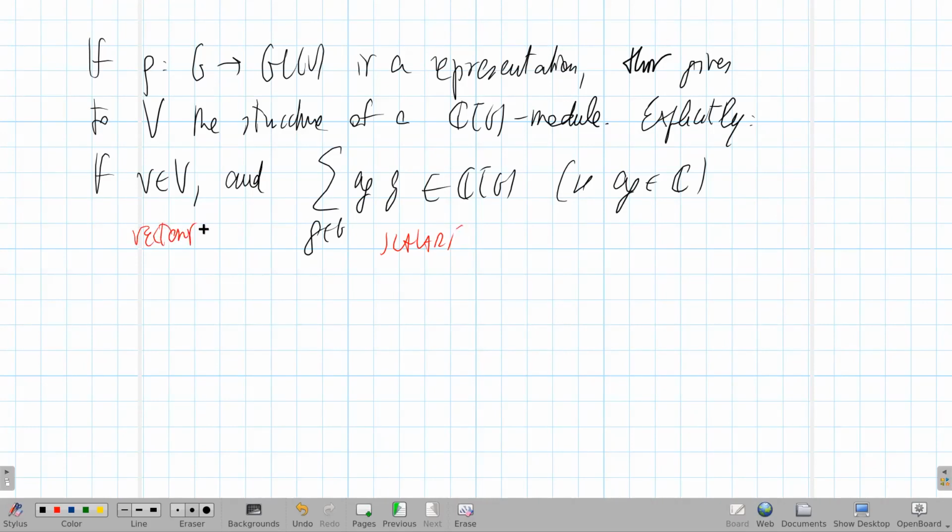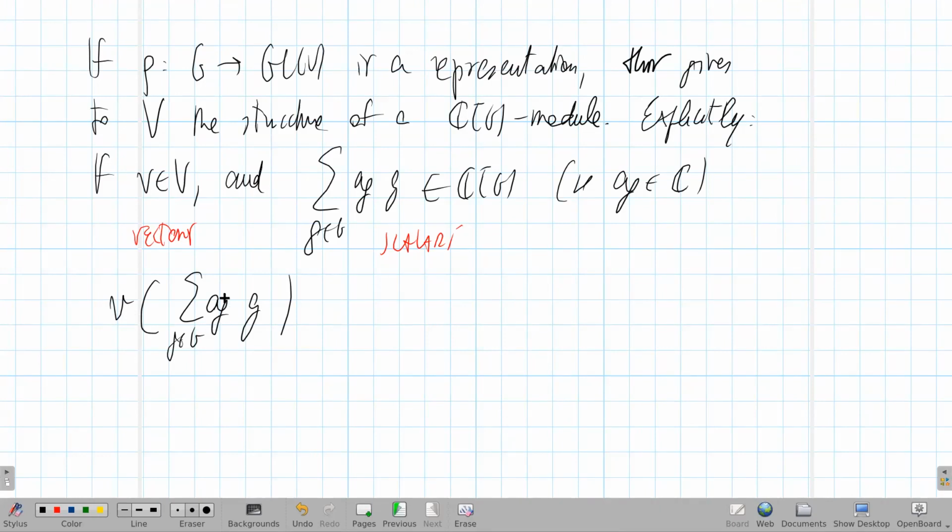The standard definition of a module requires you to tell what the product of a vector by a scalar is. My actions are right actions, so I have to define what this is. So how does this act on this? What's the vector times scalar?